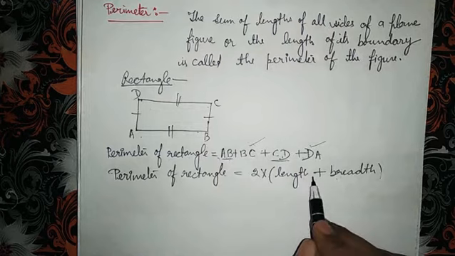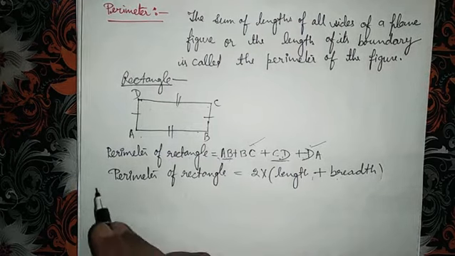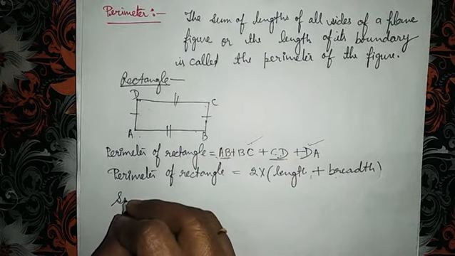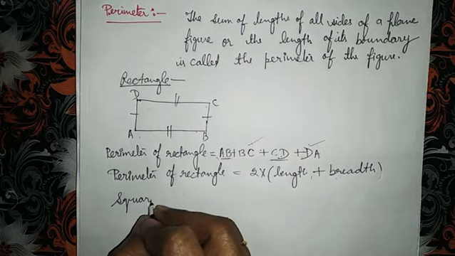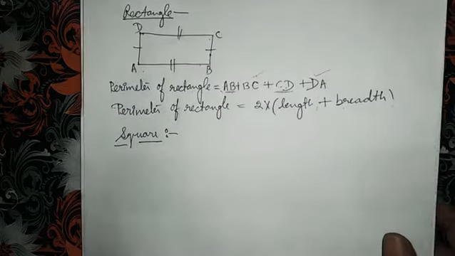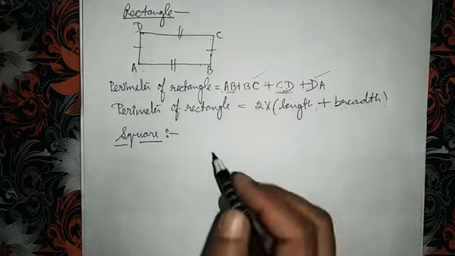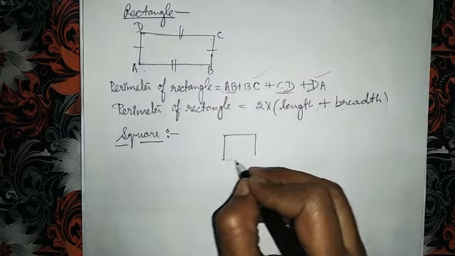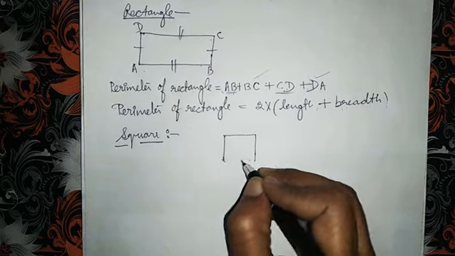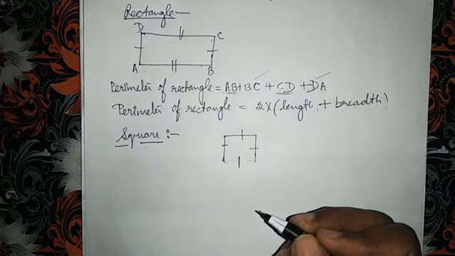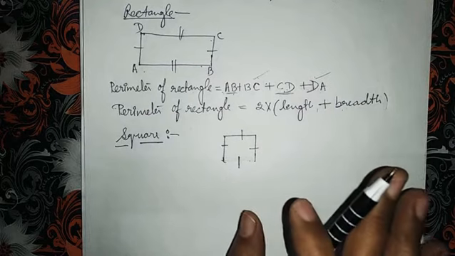Now children, I will tell you about perimeter of a square. So for perimeter of a square, what you have to do? Here you can see a square, and in this square all sides are equal. Square has all sides equal.